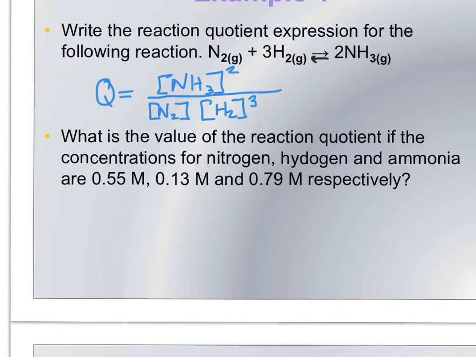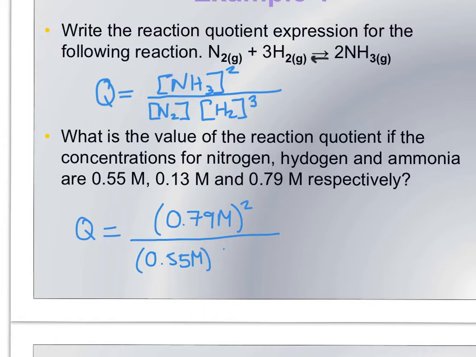So my Q, we said, is equal to the concentration of the ammonia. And so the ammonia is 0.79 molar. And this is to the second power, divided by the concentration of the nitrogen, which is 0.55 molar.